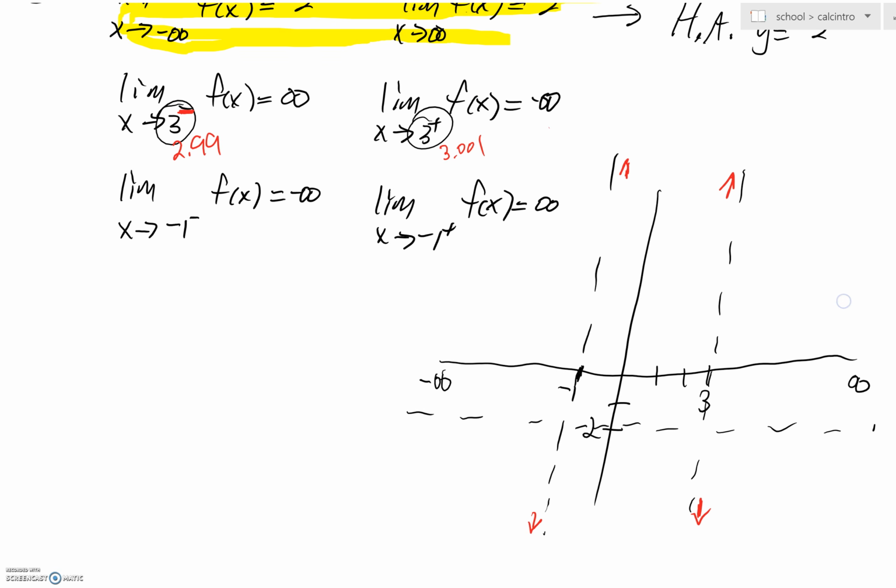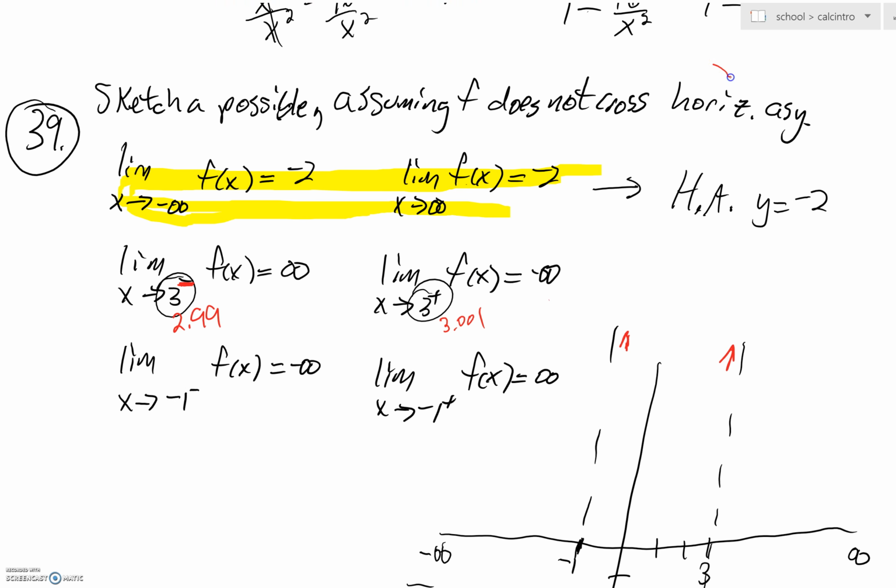And guys, right now, maybe, just maybe, we have enough pictured where we can graph this thing. You see that? Here's the other important aspect. You don't cross the horizontal asymptote ever, they're saying in this problem.